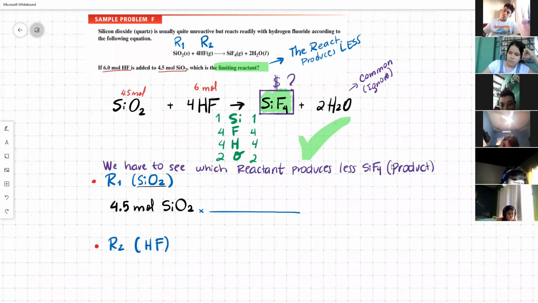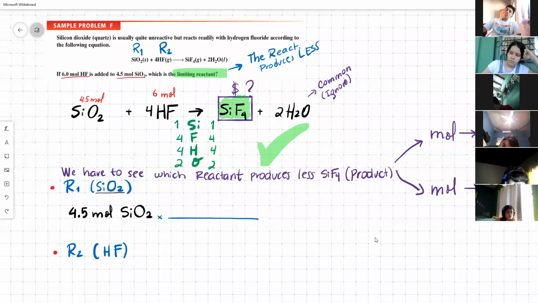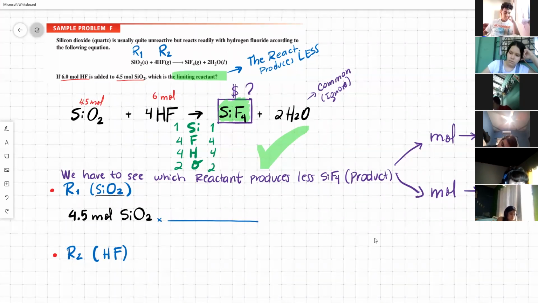To know which one produces less, we can use two procedures. In this case I'm giving you moles, so you can do a conversion from moles to moles or from moles to grams. If I give you grams, you can go from grams to moles, to see which one produces less by just comparison.